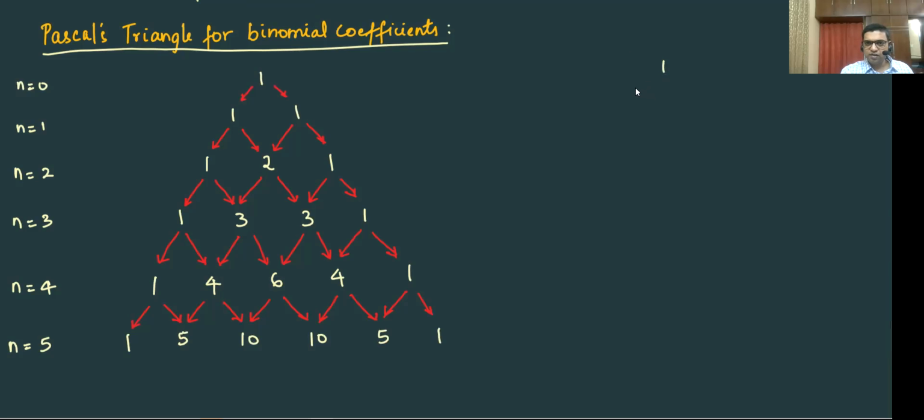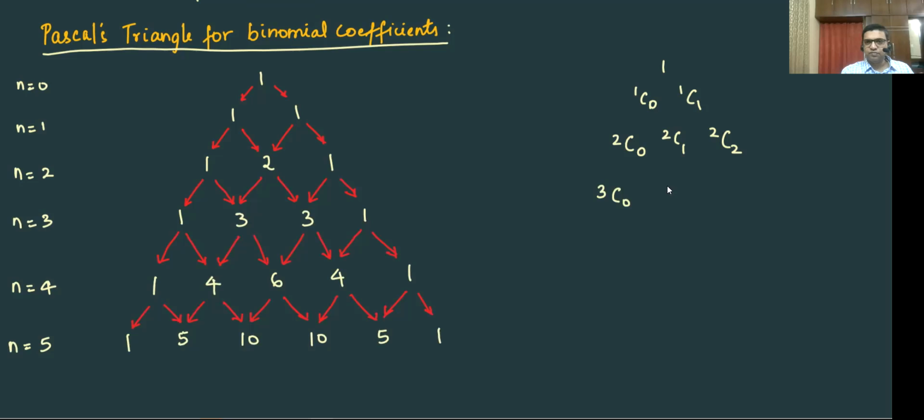Then we have 1C0, 1C1. Then 2C0, 2C1, 2C2. 2C0 is 1, 2C2 is 1, 2C1 is 2. So 1, 2, 1.